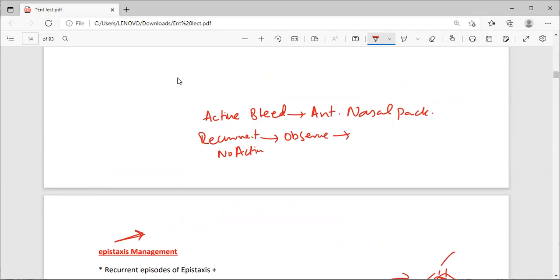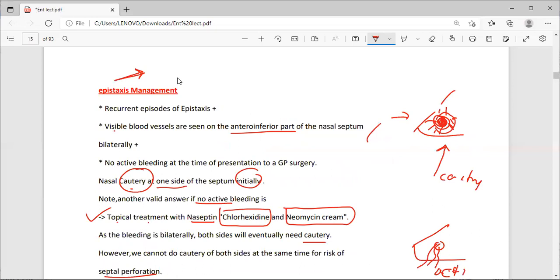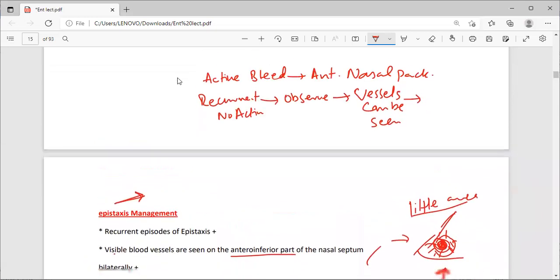When there is recurrent bleeding but no active bleed now, you will observe that there are some vessels which can be seen in the anterior inferior portion. This is called Little's area. Here most of the blood vessels lie together.